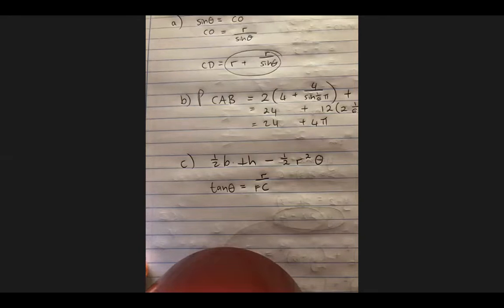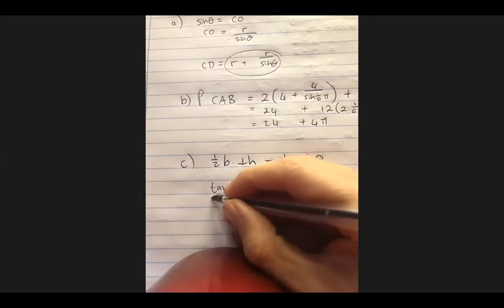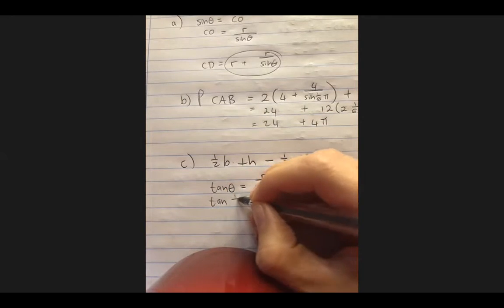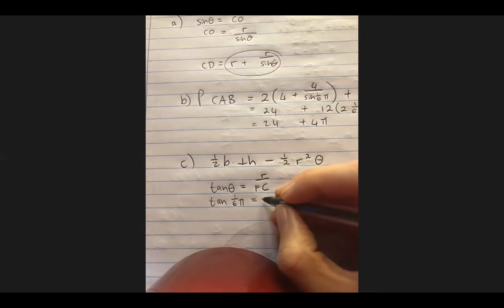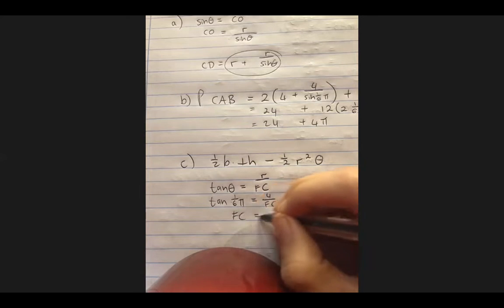And then let's see if we can sub in some values here. Remember, we do have theta, the 6 pi, and we do have R. R was 4 over FC. Remember, I've shown you many times now that these can just switch. So quickly work out for me, what does FC equal?